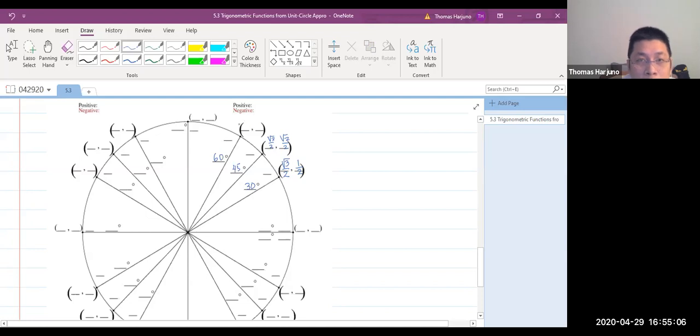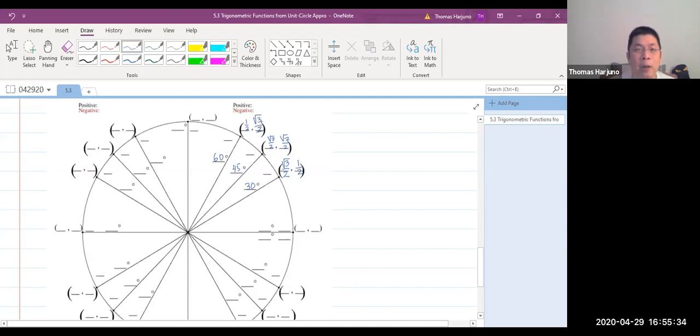Now, what is the x component of the coordinate corresponding to 60 degrees on the unit circle? The x component will be cosine 60, right? Cosine 60 will be 1/2, and sine 60, the y component, will be square root of 3 over 2.